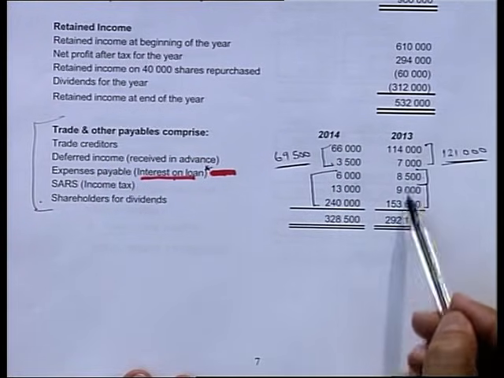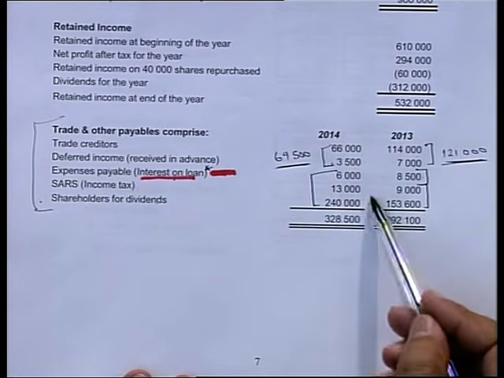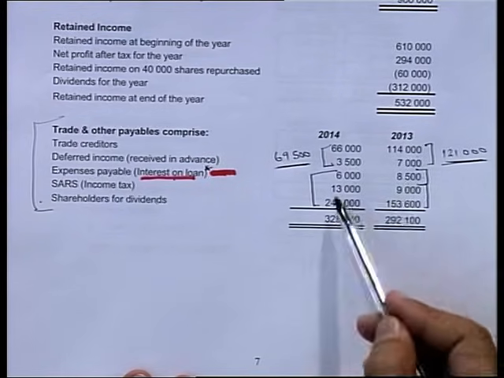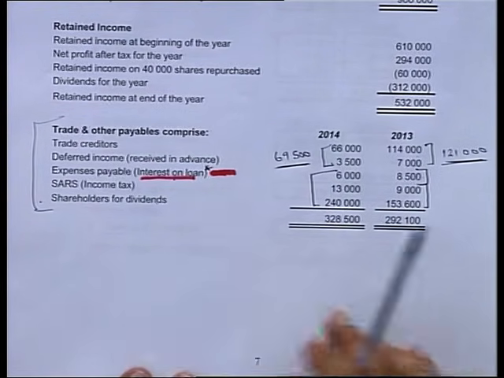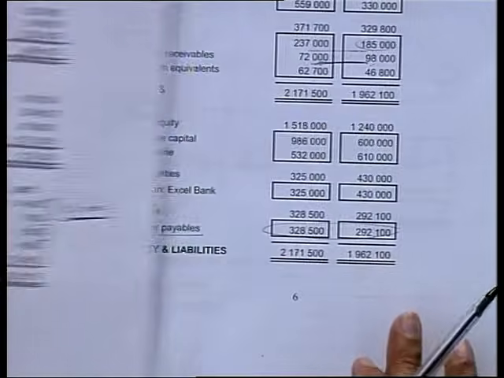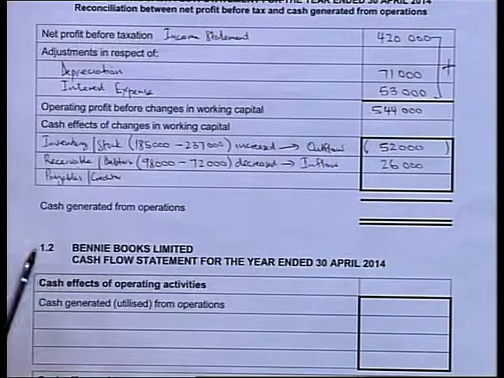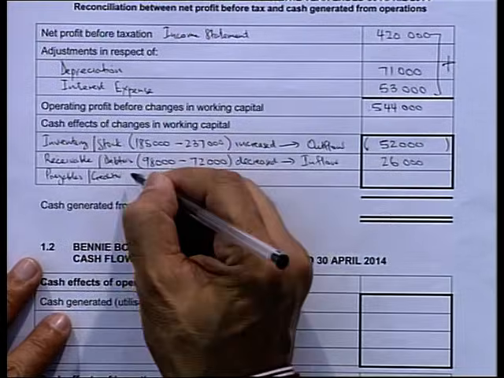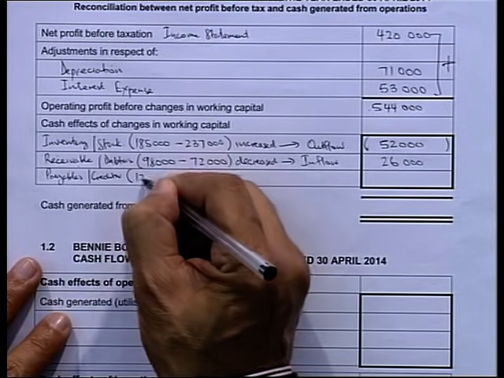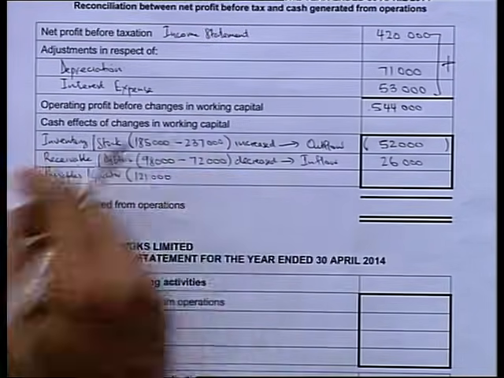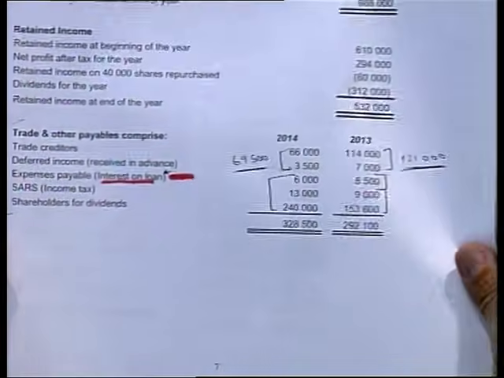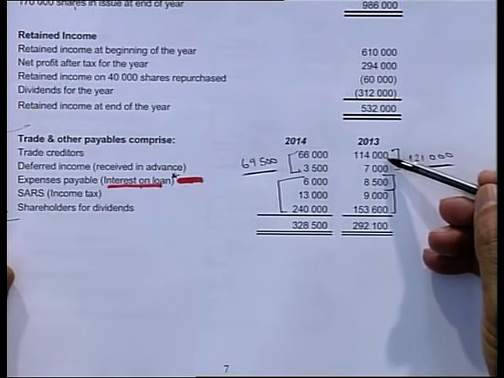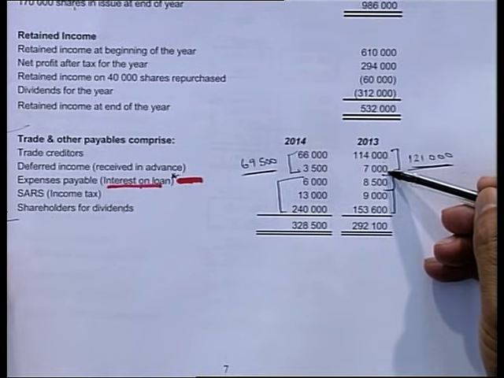Those figures, later on when we do the cash flow, we'll be coming back to them to use them in our calculations. But for now, for the difference between the payables or the creditors, we only have to take the figure of last year, which was 121,000, which we got by just adding the 114 and the 7,000.